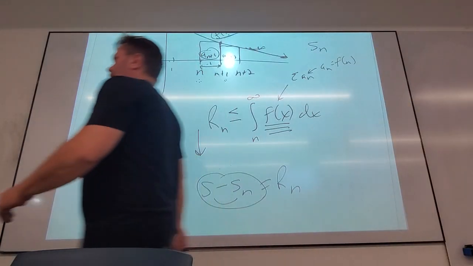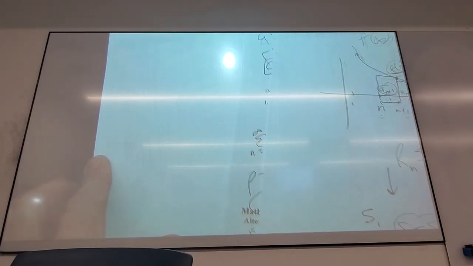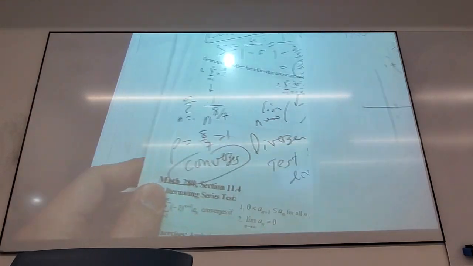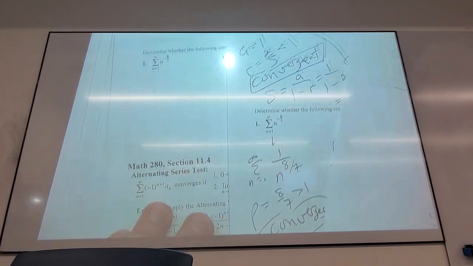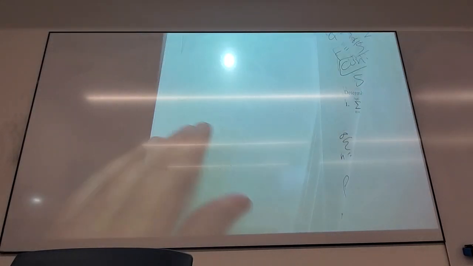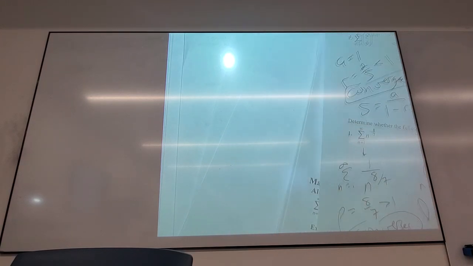So let's do one concrete example of this. And by the way, I think on the actual paper, I gave you the other side. Here, the first one, the one about the integral test.